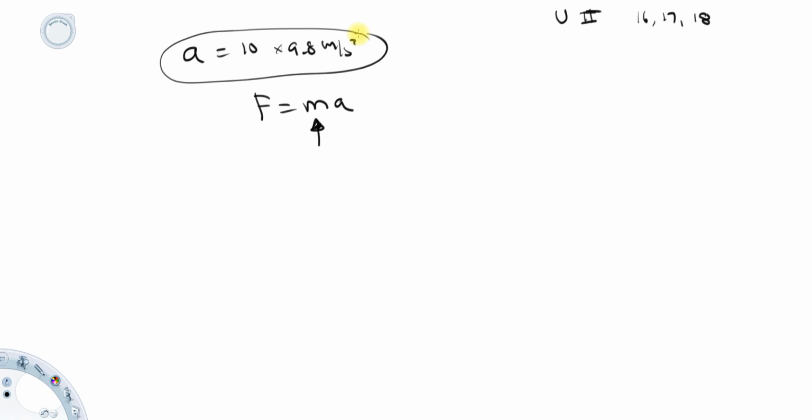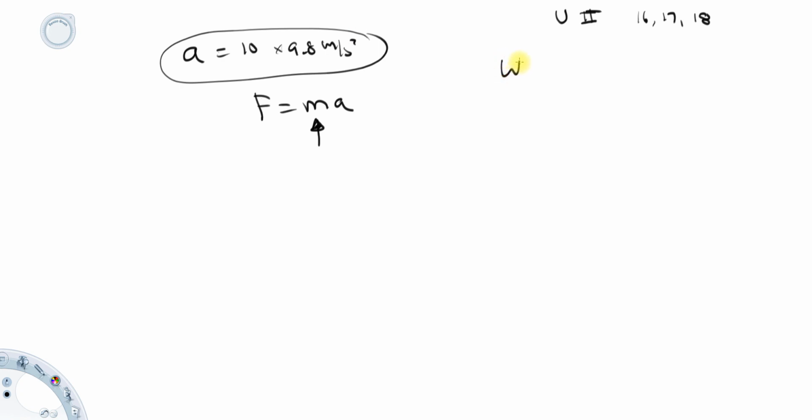Part B, where it says find the weight of such a person in pounds, then convert your answer to pounds. That doesn't really make a whole lot of sense, does it? Well, part B says find the weight of a person in pounds.